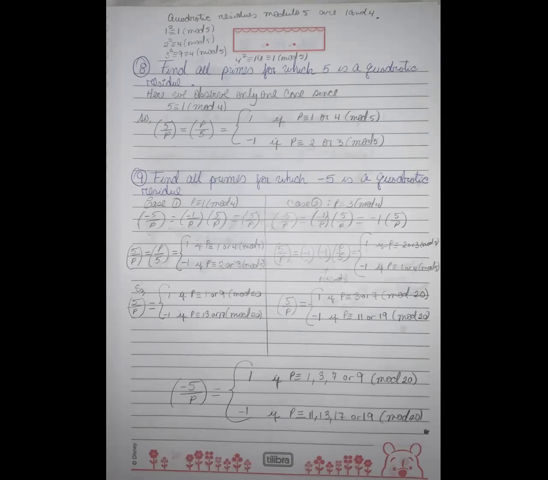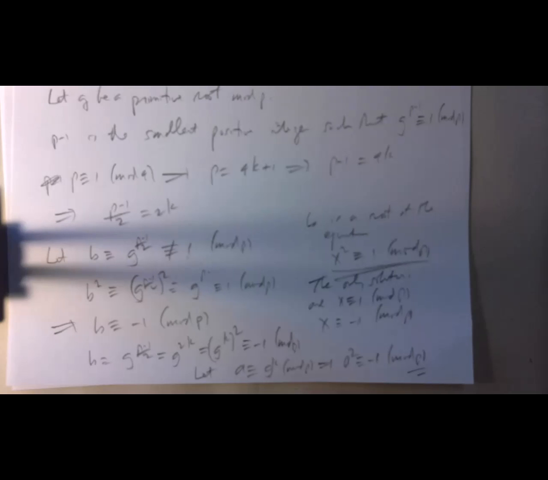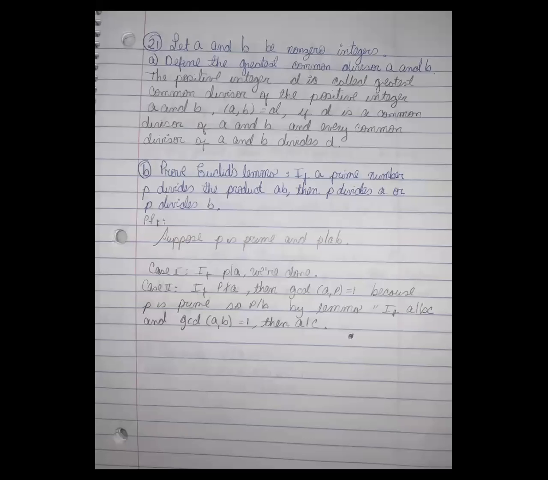Okay. And then my last question, and I'm sorry, this is from the review too. So this is our proof, and this is 21B. Can I use the kind of proof here? See, 21B, let me just see.